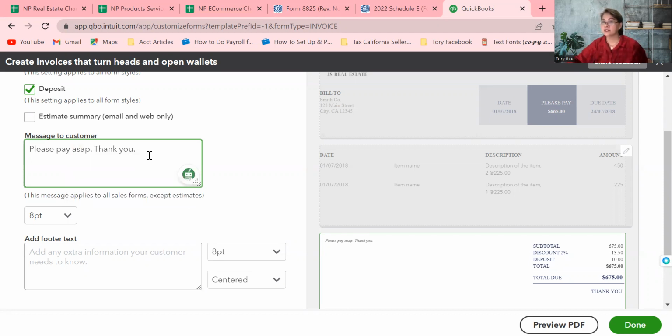I thought QuickBooks told us to change the word. Here, oh, please pay ASAP. Thank you. There. Add footer.